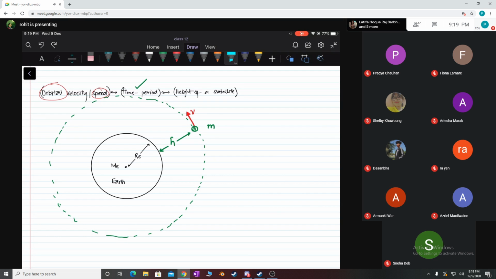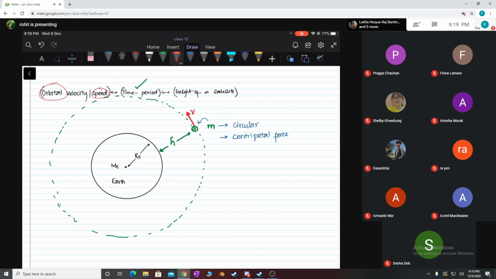The satellite is going round and round because of the force of the Earth, and that force is gravitational force. Since this satellite is in a circular motion, anything rotating in a circle must be experiencing a force called centripetal force.